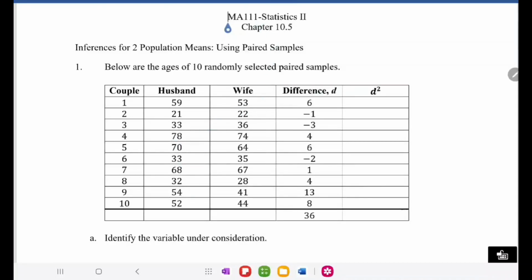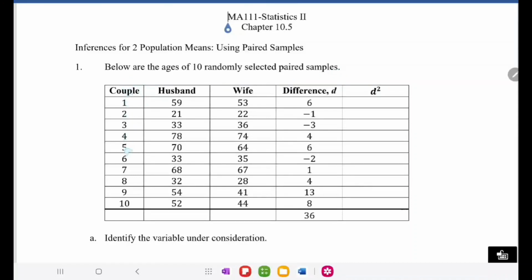Now, this problem was introduced as part of the lecture on chapter 10. Please go back and look at it. But this is also a problem from the book, so if you are reading the book regularly, you will have come across it. It compares the difference in ages between husband and wife. Below are the ages of 10 randomly selected paired samples.